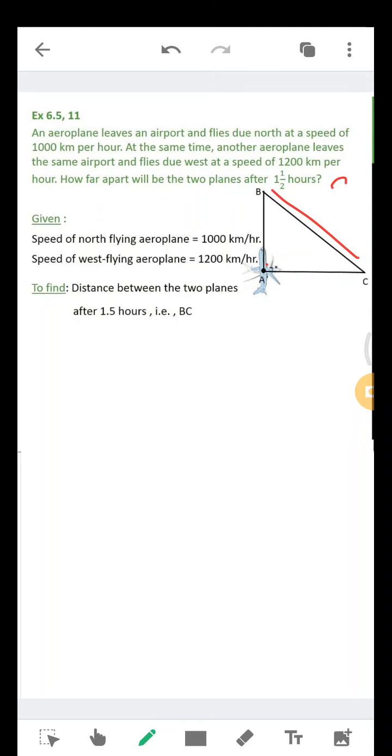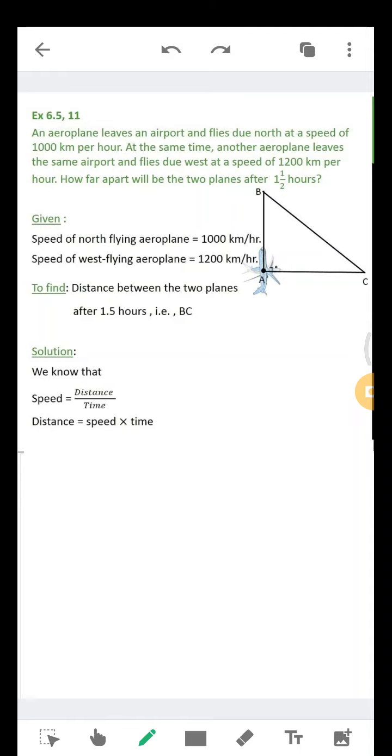Practically it is not possible because they are very far from each other, flying very fast with 1000 km per hour and 1200 km per hour speeds. So let's see how we can use Pythagoras theorem to solve this complicated question.